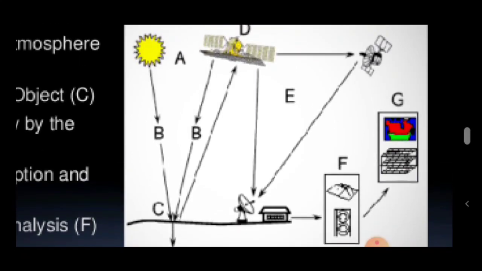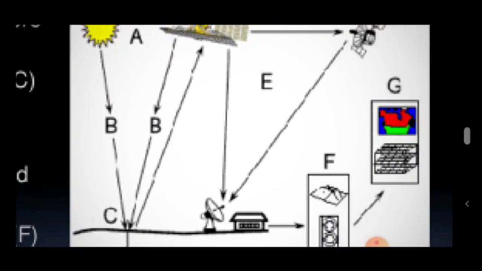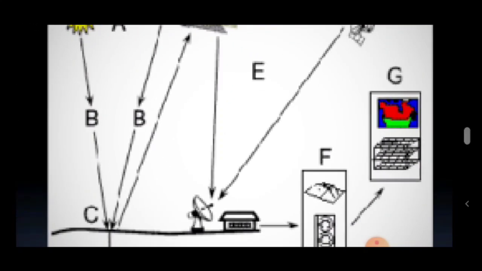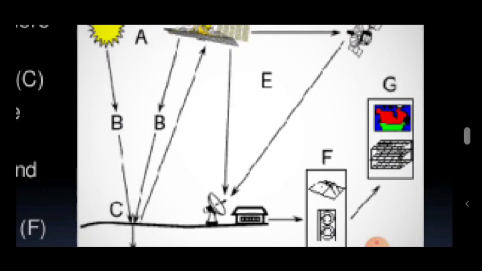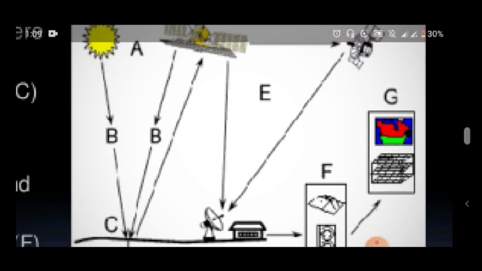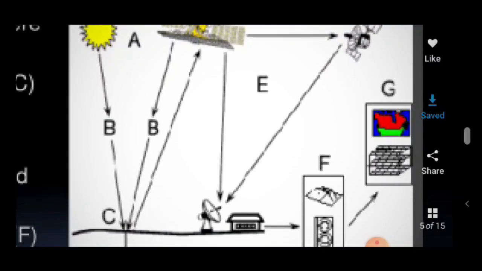Here you say energy was illuminated, then it comes to the atmosphere and made an impact or interaction, and the sensor did its job by recording that energy, and also it was delivered to the transmitter.